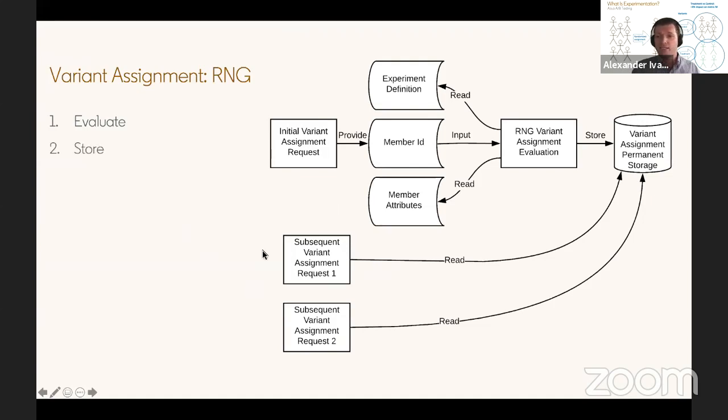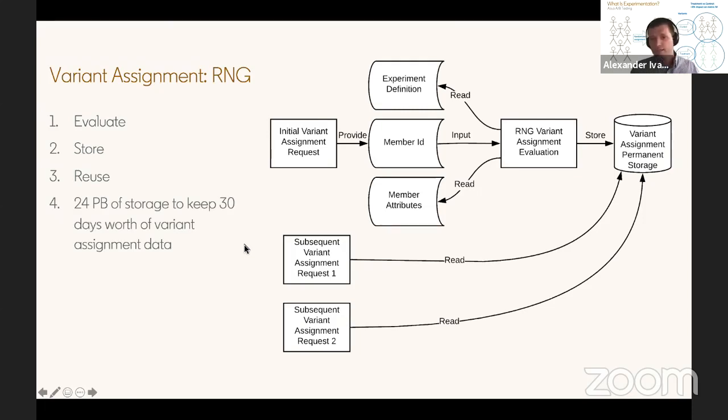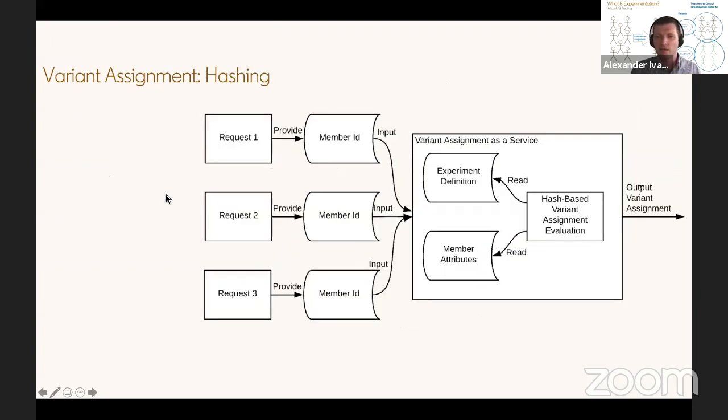So when a subsequent request comes in, it has to read from the store and use the variant. And I've estimated that in order to keep just 30 days' worth of variant assignment data at LinkedIn, we would have to keep an online store of 24 petabytes in size. So that's pretty costly and expensive. And we actually use a different variant assignment method.